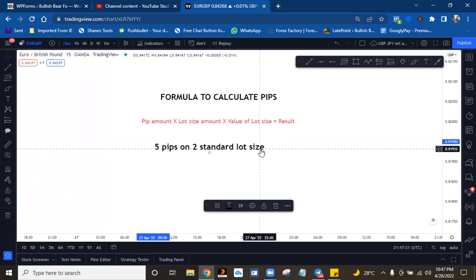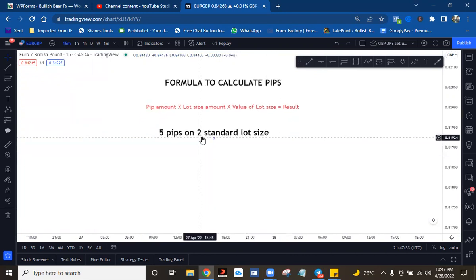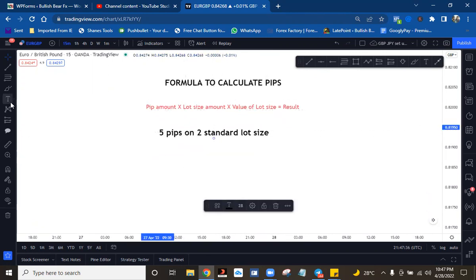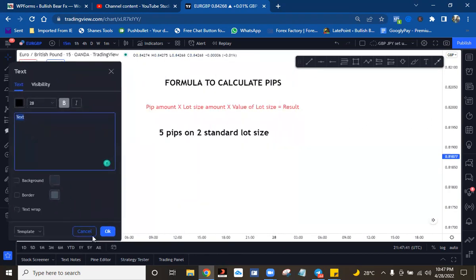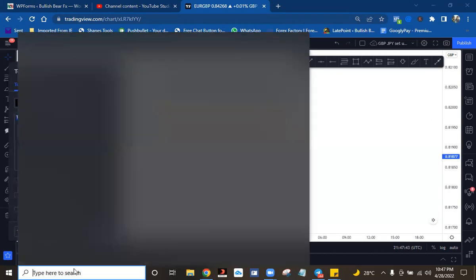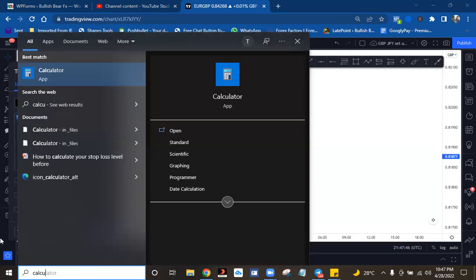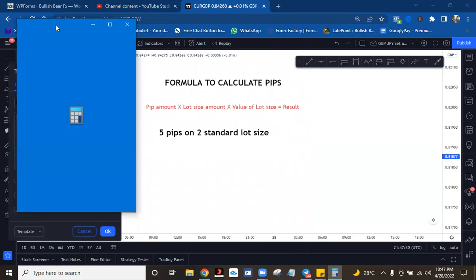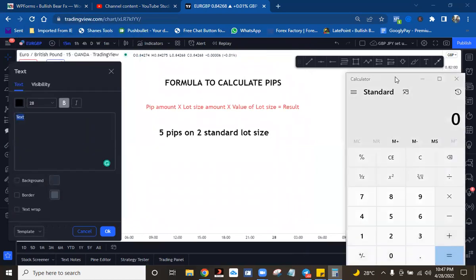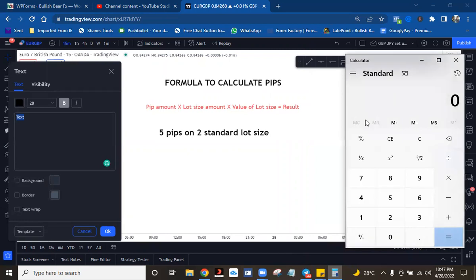The formula says pip amounts. So what I'm going to do first is I would bring out my calculator. Okay. I'll bring out my calculator and then pip amount.